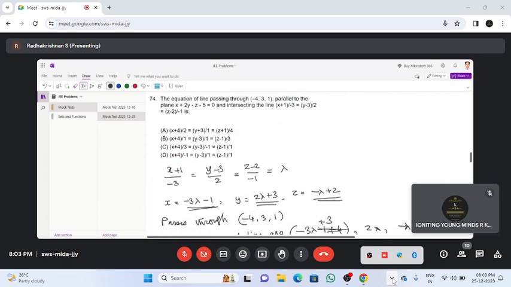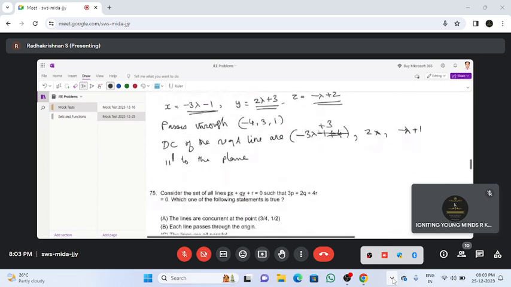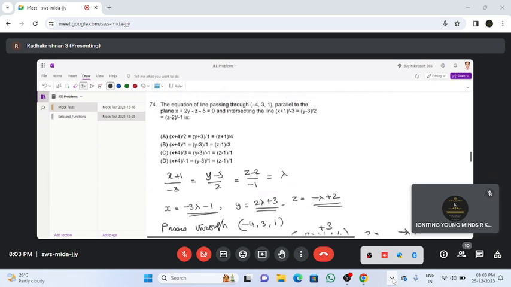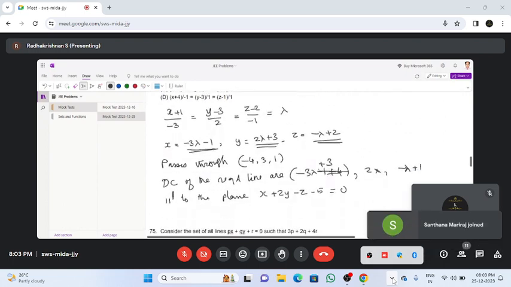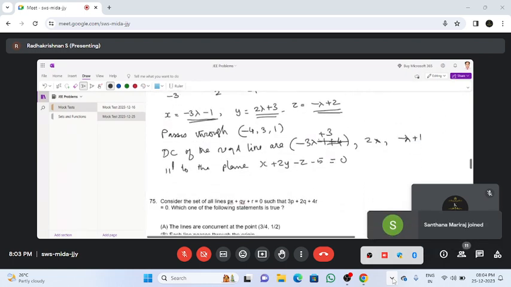x plus 2y minus z minus 5 equal to 0. So, in the plane, what is the equation of its normal?